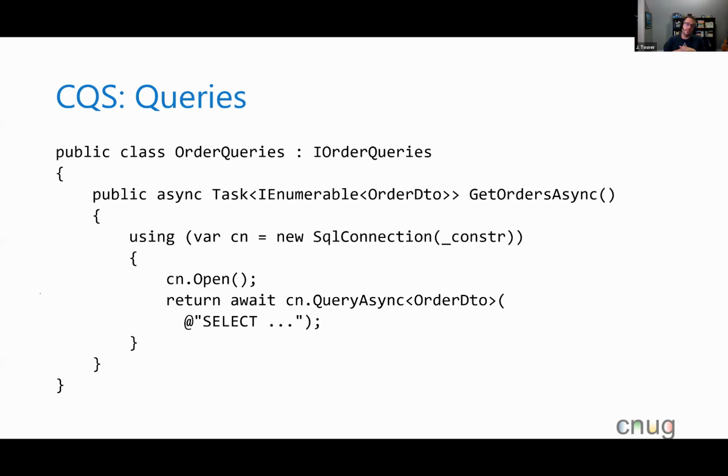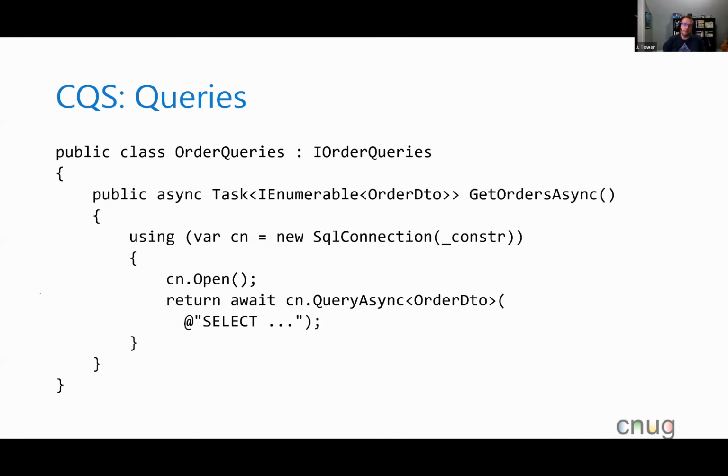I could have an order DTO that's maybe a little more stripped down for just some pages. And maybe I have one that has even fewer columns on it. Maybe I have one that has order ID only if that's all I'm trying to get. I can really go crazy here and create as many different methods, as many different DTO objects or model objects as I want to create for the exact purpose that I need them for in my application.